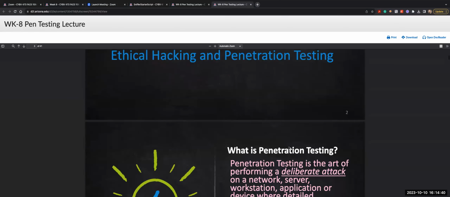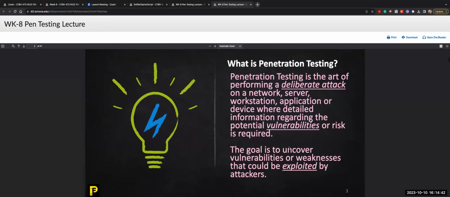So, introduction into ethical hacking and pen testing. Pen testing, again, something I've been doing for quite a while. It says deliberate attack. It's essentially a methodology that's used to assess networks, applications, anything in and in between, to see what kind of potential vulnerabilities and risk are associated with it based off of the security posture, the data within those applications and systems, also who's using them, where they lie within a network, right?